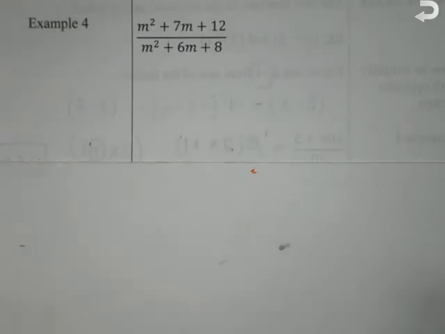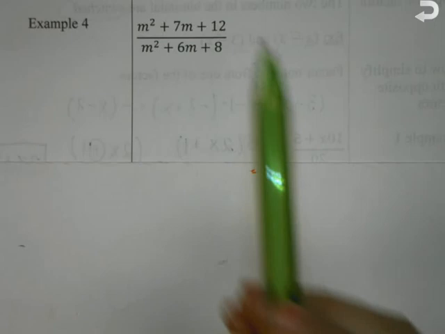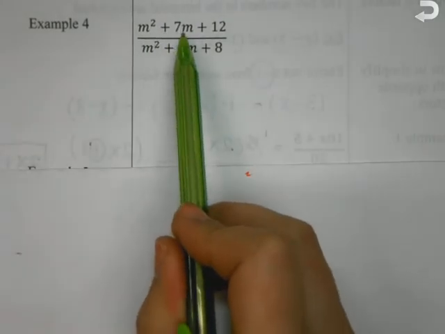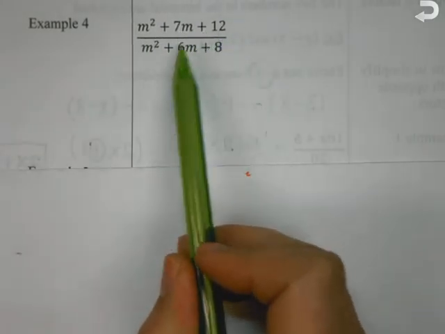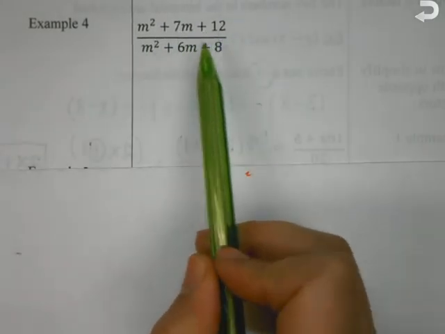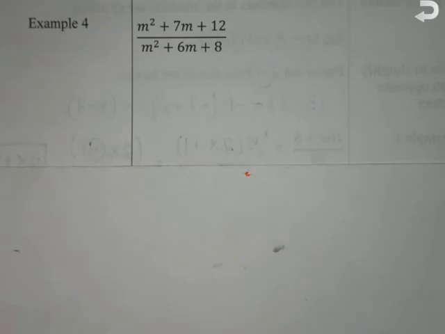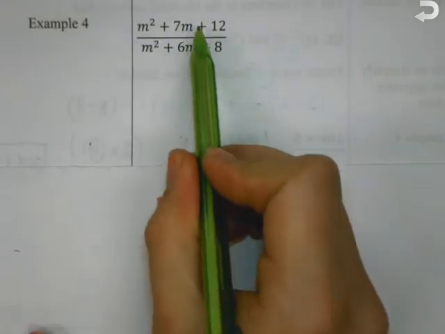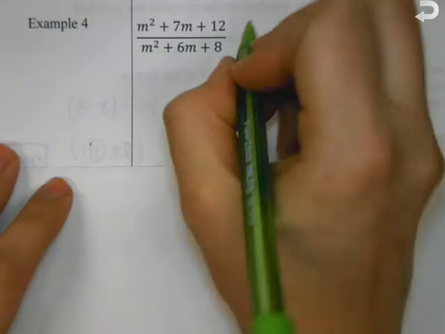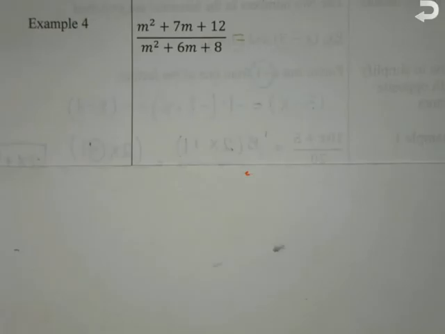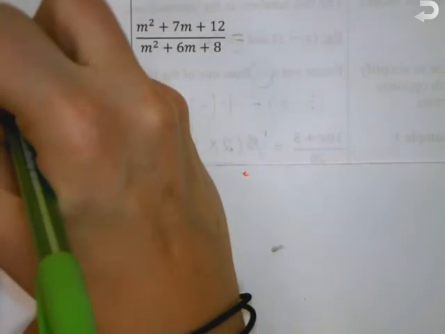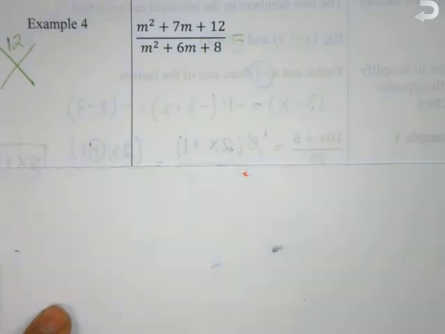All right, example 4, we have m squared plus 7m plus 12 over m squared plus 6m plus 8. Okay, we need to factor these things. What method does the numerator look like? Diamond method. It was actually in our AO, right? What two numbers multiply to 12 and add up to 7? 4 and 3.